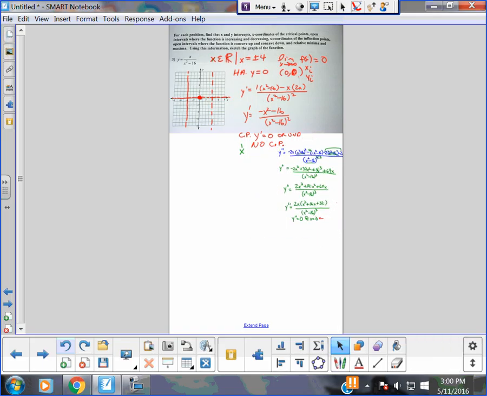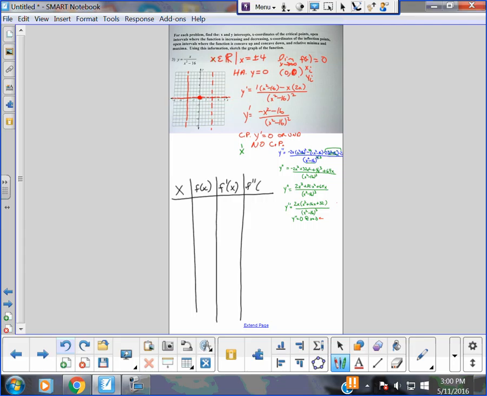But everybody, at this point now, you can make a table. Your table has x, f of x, f prime, and f prime prime. And I know negative 4, because it's an asymptote, we have to include it there so we know this is undefined. I know 0 from the second derivative, right?